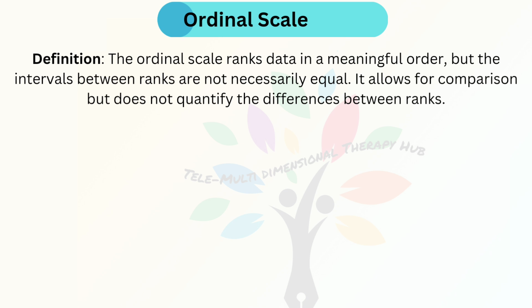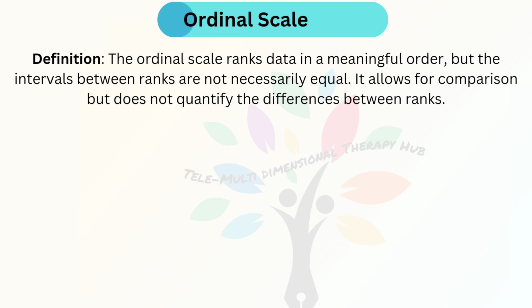It tells you who is ahead or behind, but it will not tell you how much better or worse. Example: a survey asking people to rate their satisfaction, like very happy, happy, neutral, unhappy. You know very happy is better than happy, but you don't know exactly how much happier they are.